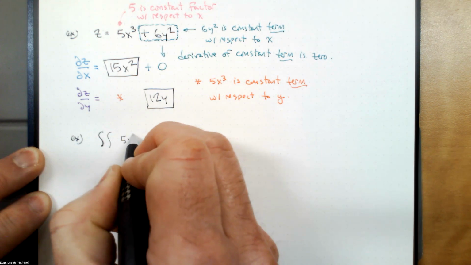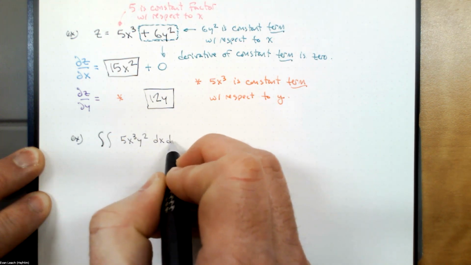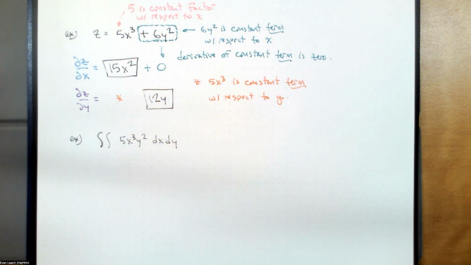There's our height, length, width. And we want to find the antiderivative of this function. What's the first thing that we're going to treat as a variable? Just use your instincts to read this integral. I'm looking at 5x cubed y squared.